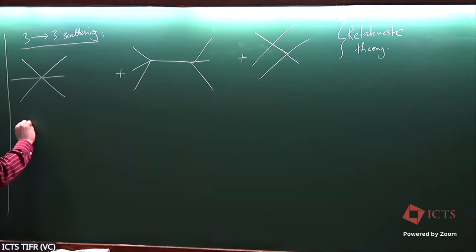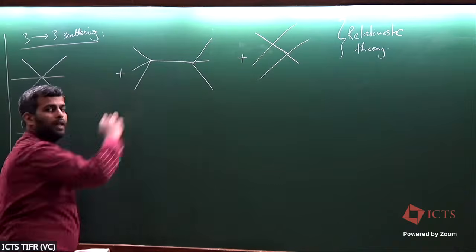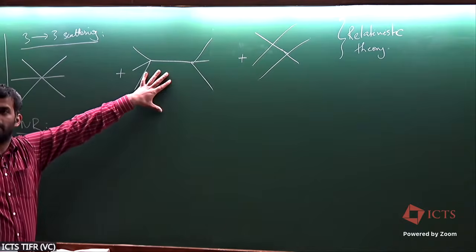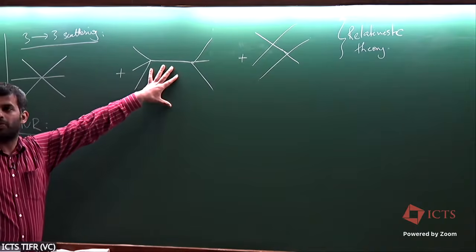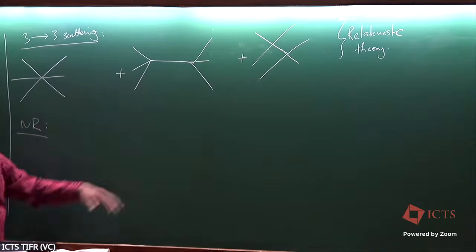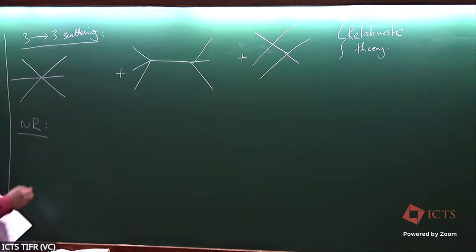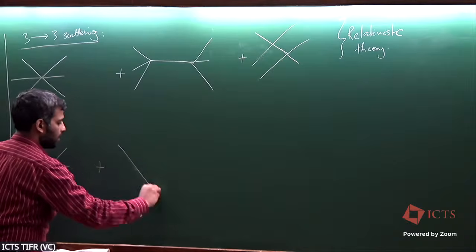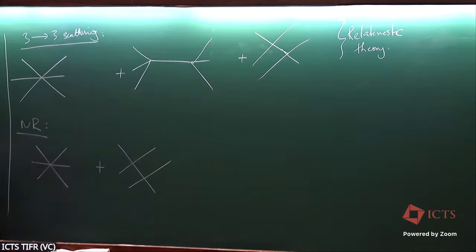In the non-relativistic theory, this intermediate particle is highly off-shell, which means this set of diagrams won't contribute to my non-relativistic theory and would be substituted by contact interactions, something analogous to this. So I would only have 2 diagrams that would describe my scattering in the non-relativistic theory.